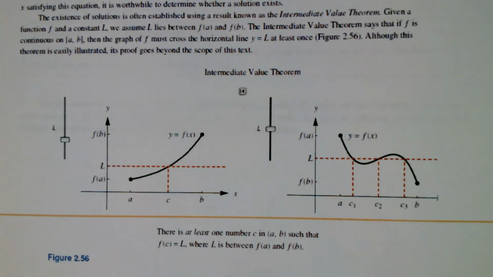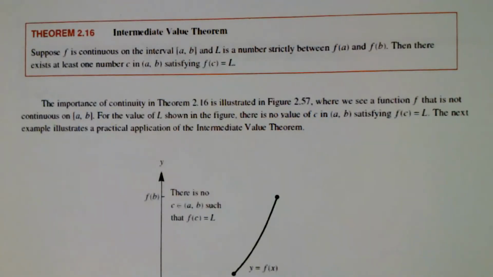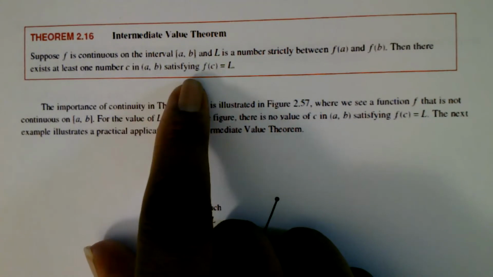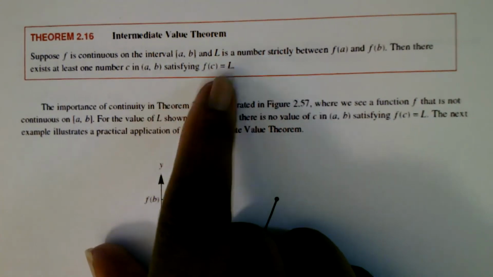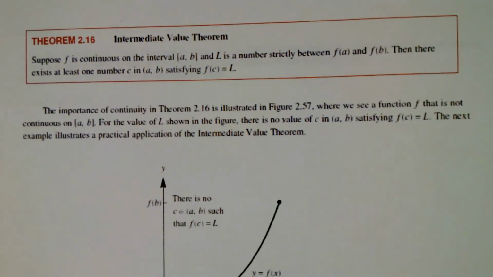Here we're going to be using that intermediate value theorem, which is on the next page of your handout. Suppose f is continuous on the closed interval [a, b] and L is a number strictly between f of a and f of b. Then there exists at least one number c in the open interval (a, b) satisfying f of c equals L.